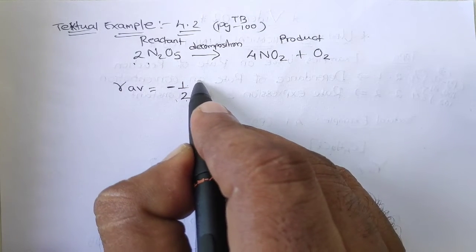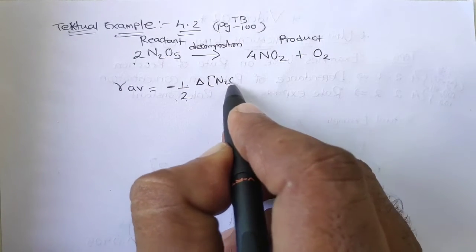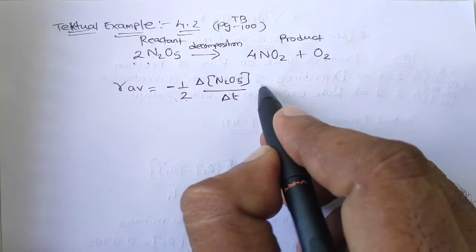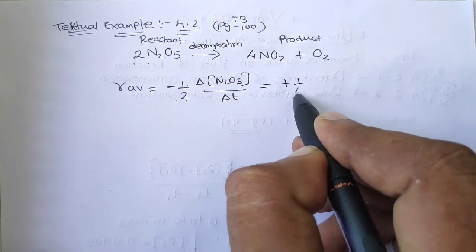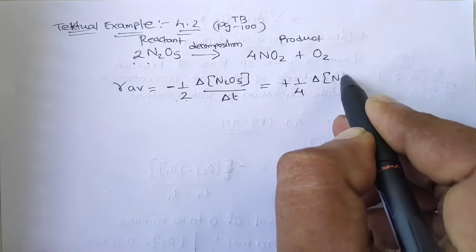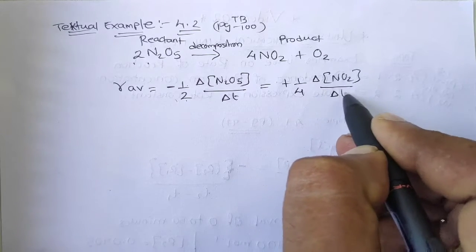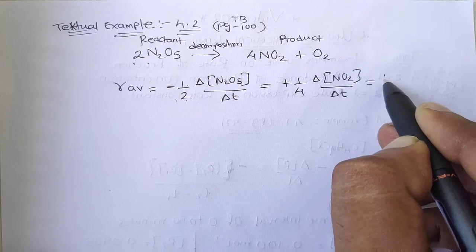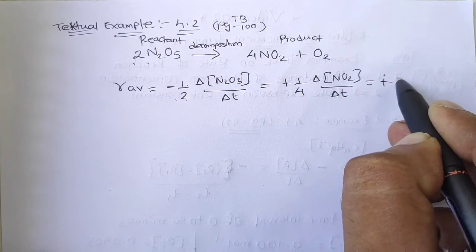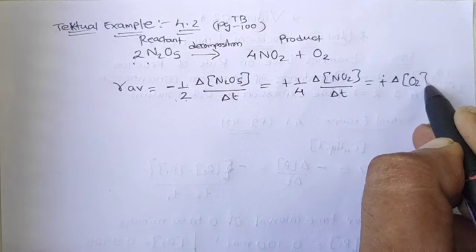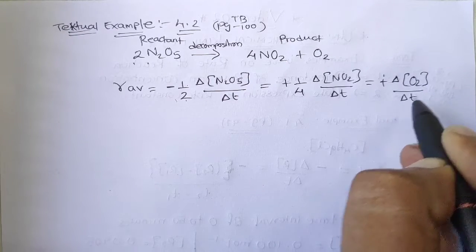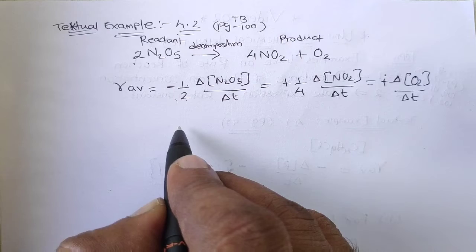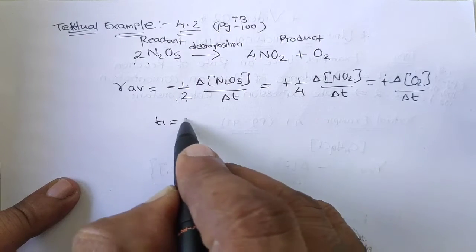So 1 by 2 into change in concentration of N2O5 divided by delta T. Okay, and same way for this, plus 1 by 4 into change in concentration of NO2 divided by delta T, equal to plus change in concentration of O2 divided by delta T. Understood?